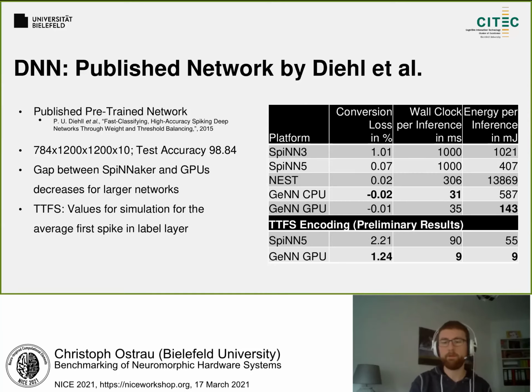So it has a better energy per inference metric. However, the GPU is still the most efficient platform at the moment. And this also doesn't change if you go to time-to-first-spike encoding.